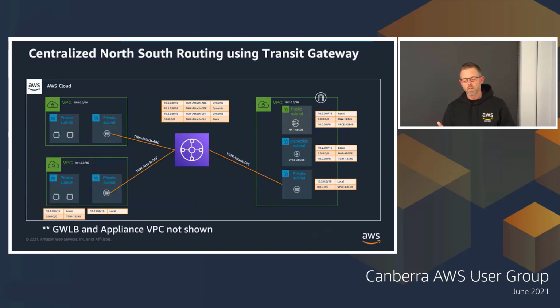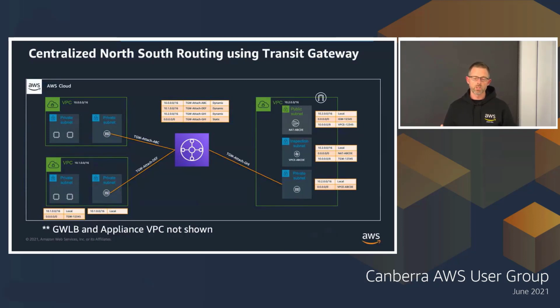On the right, it looks reasonably similar to the distributed model, except for one difference, and that is we're able to put our gateway load balancer endpoint in the middle. We get to put it in before the NAT gateway.